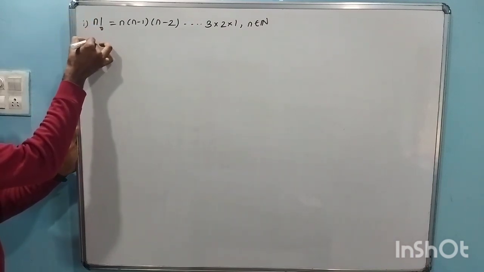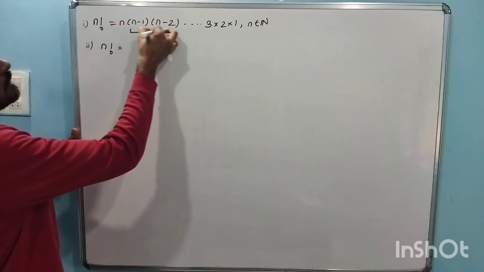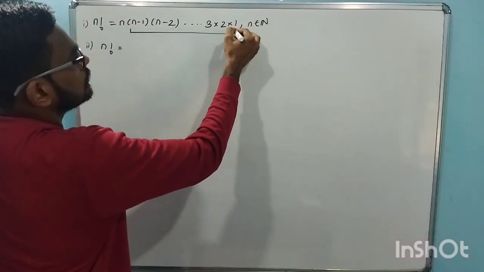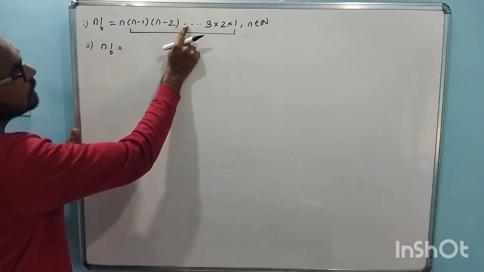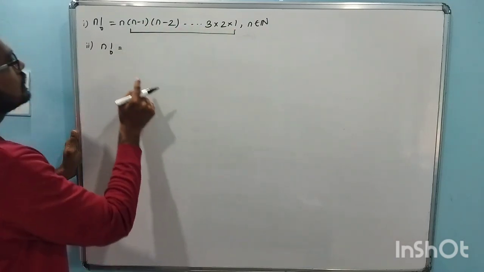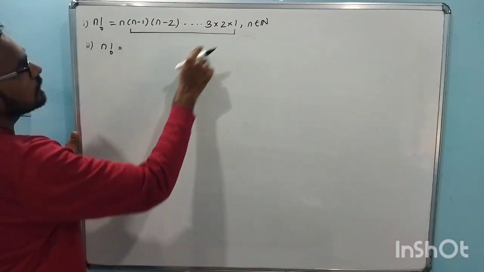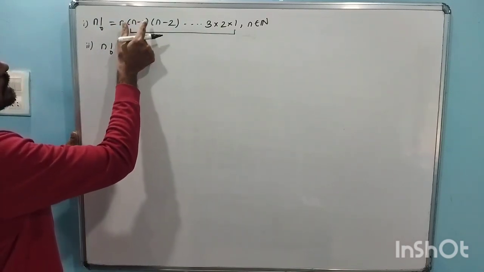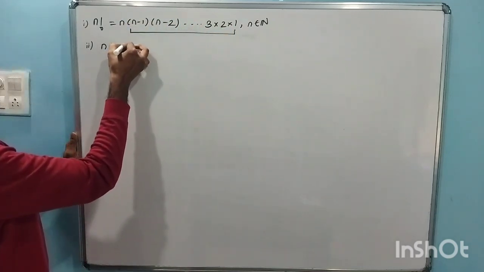Second, n factorial. See here, n minus 1, n minus 2, n minus 3, and so on, 3 2 1. n factorial starts from n, then n minus 1, n minus 2, and so on. And n minus 1, n minus 2, down to 3 2 1 will be n minus 1 factorial, correct?